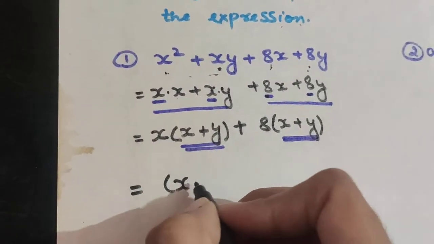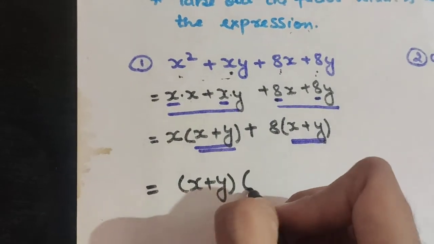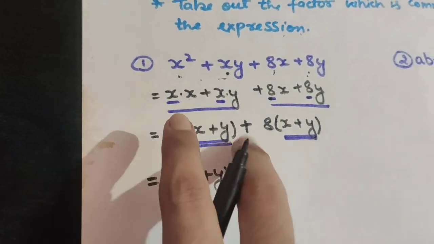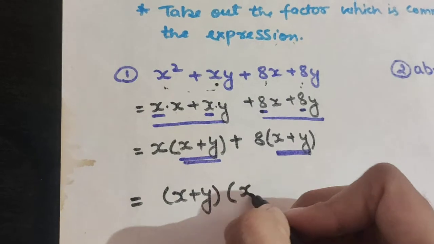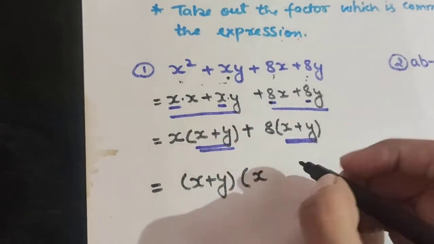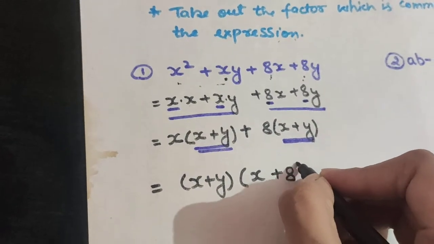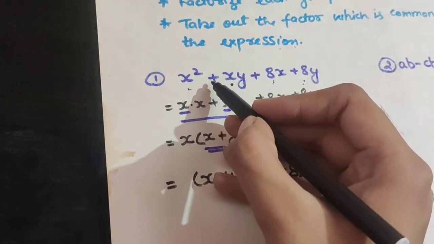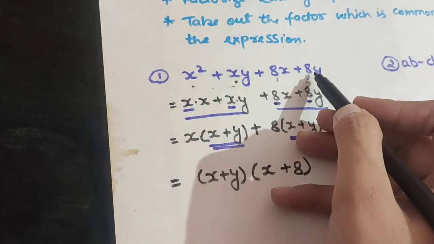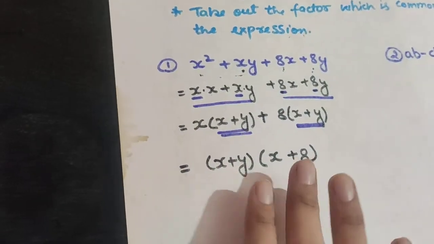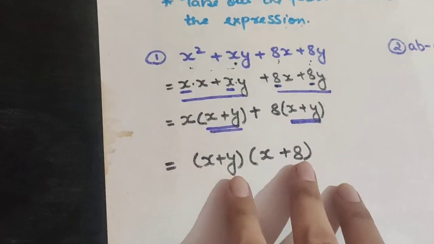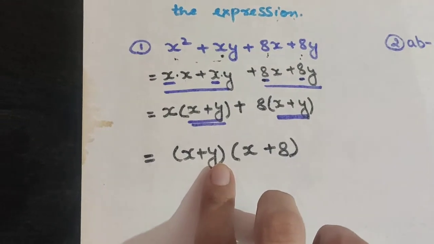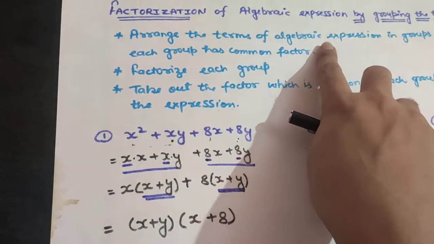When we take out x plus y as common, what is left in the first term is x and what is left in the second term is 8. Right? So this is the way by which we will factorize the given algebraic expression by grouping the terms. This is a very basic example to understand this concept.